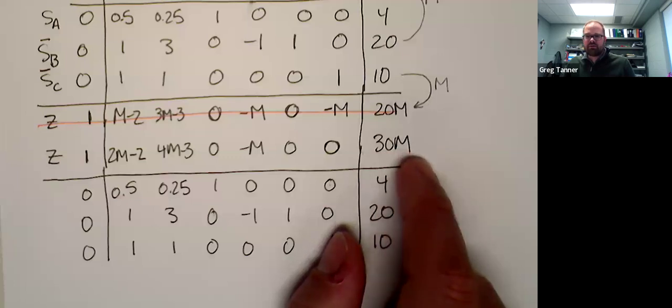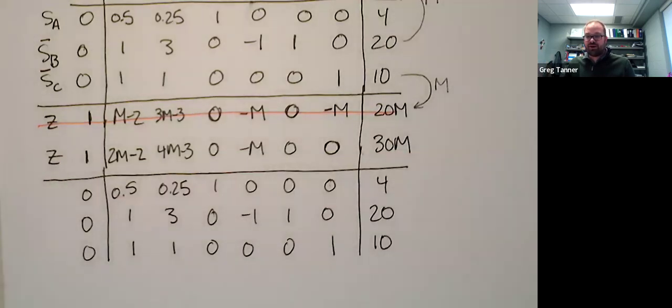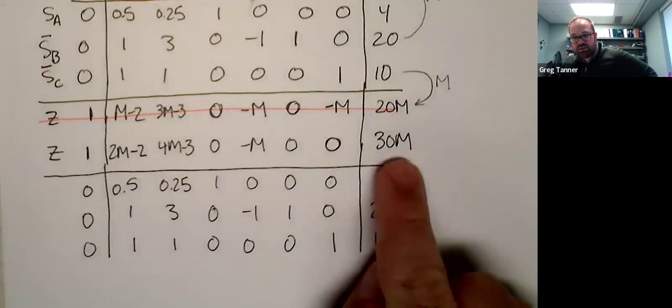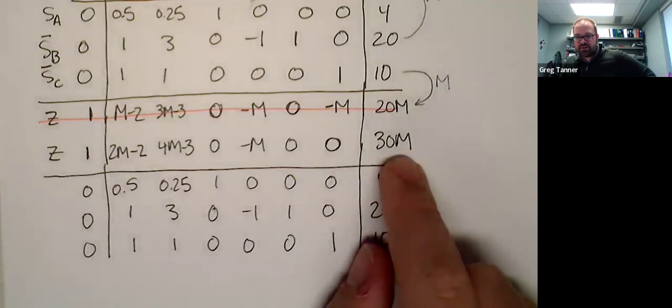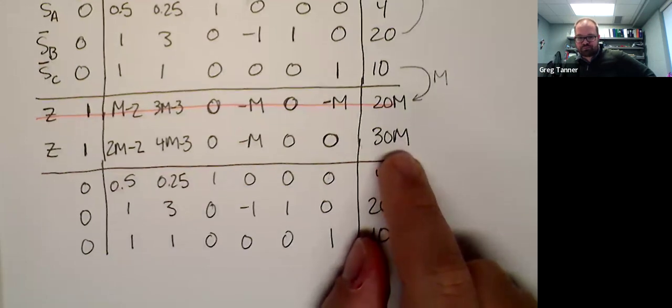So if M is 1 million, we're maybe starting off at 30 million, and now we're trying to bring it down. In a minimization problem with big M, you start off at an astronomically big value, and you try to get closer and closer to the feasible region in order to reduce that penalty. So we're trying to reduce our penalty to get to our feasible region.